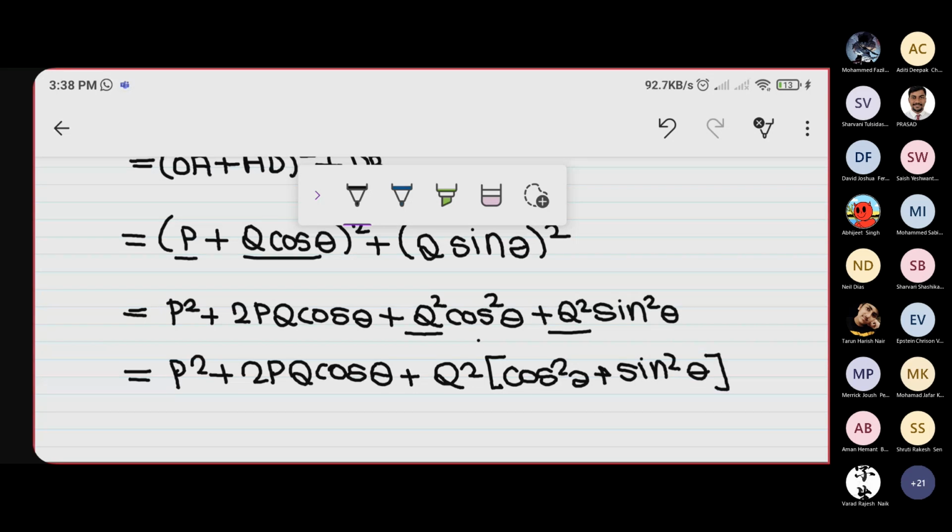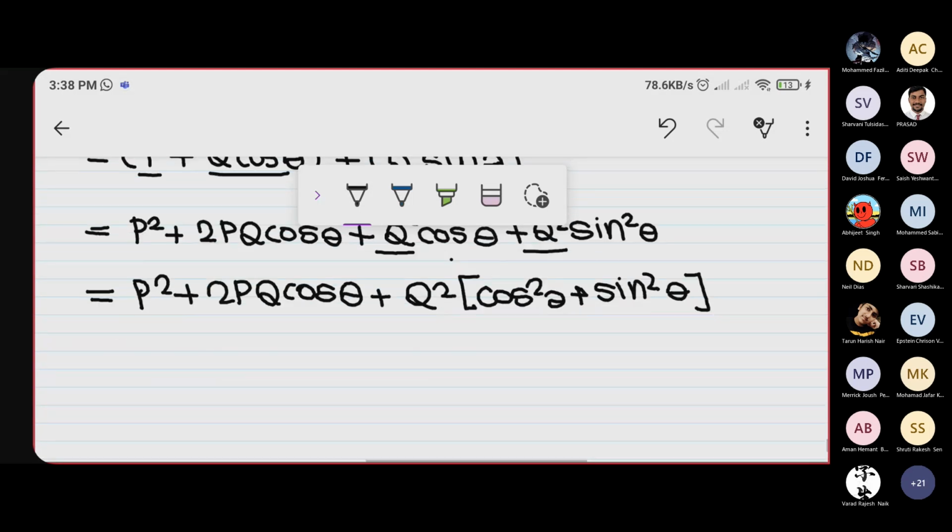And what is that? Cos square theta plus sin square theta is equal to 1. Yes. So automatically we can write P square plus Q square plus 2PQ cos theta.